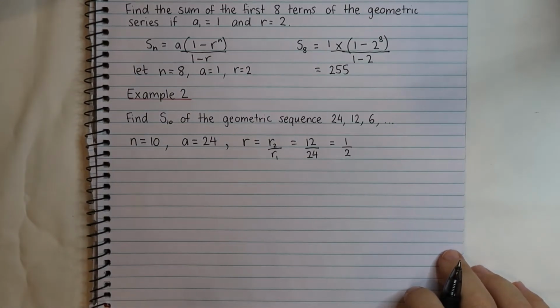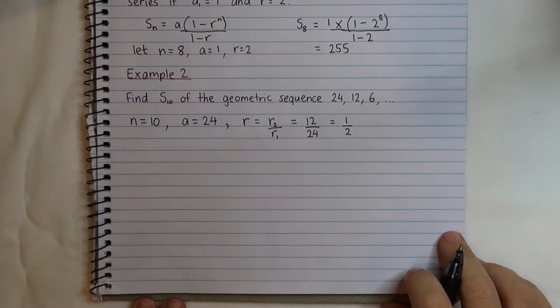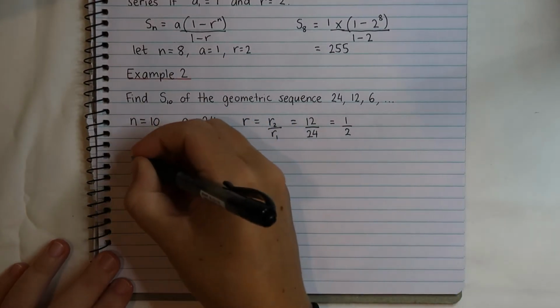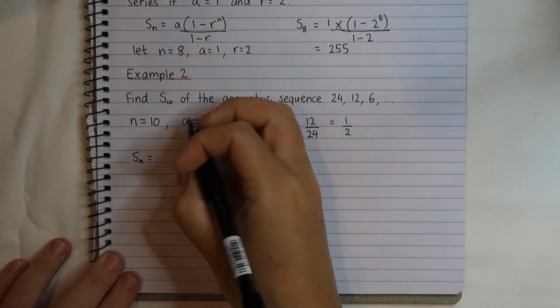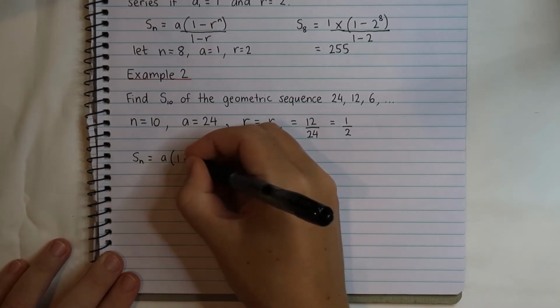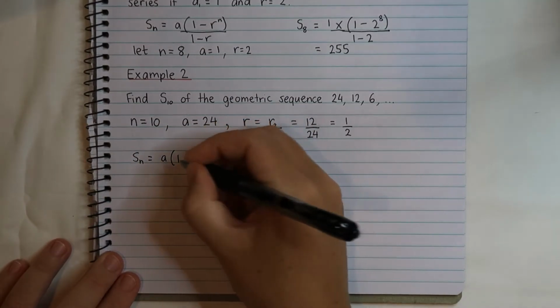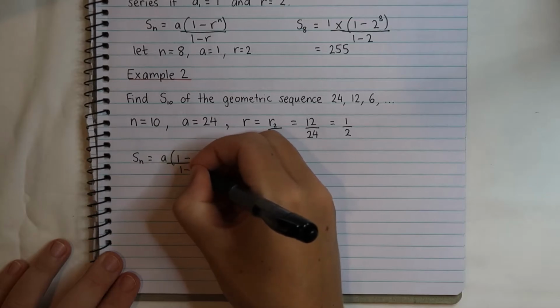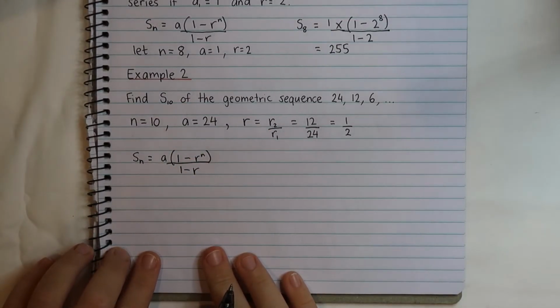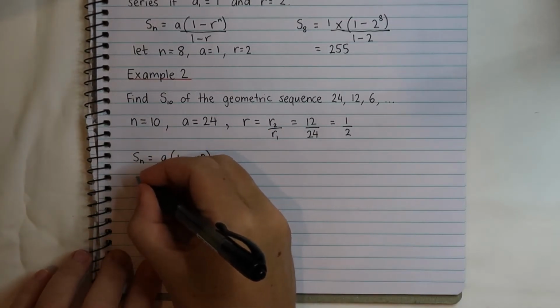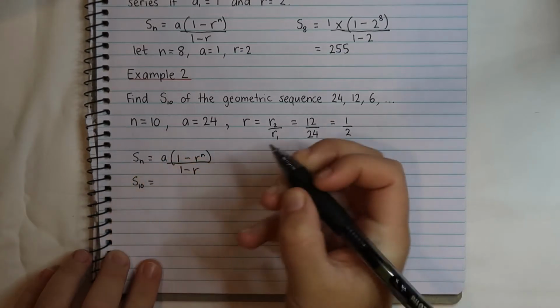So now let's find the sum of the first 10 terms. So writing down our formula, we have Sn is equal to A outside of 1 minus r to the power of n, all divided by 1 minus r. So now let's sub in our values. S10.